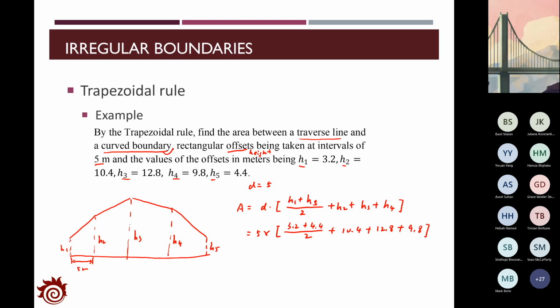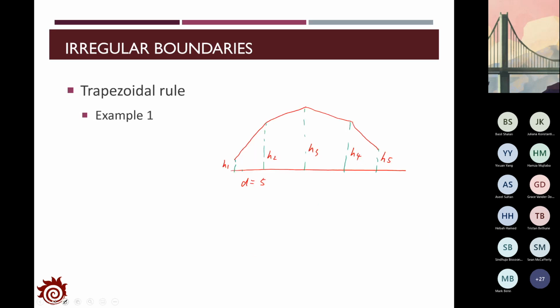If we apply this equation and do the calculation, eventually you can find out the area is 184 square meters. So that's the way for you to apply the trapezoidal rule to calculate the area of the irregular boundary. So that's the first method.